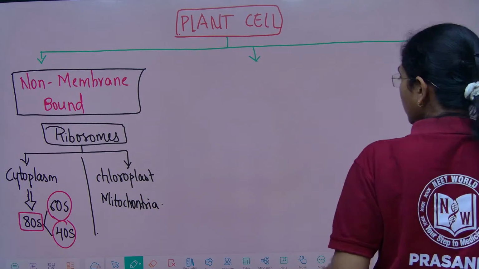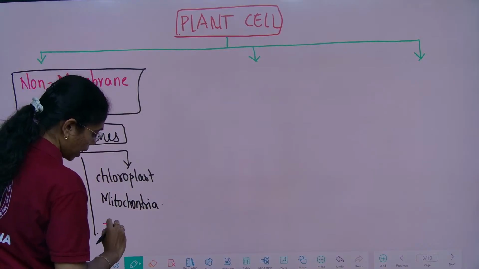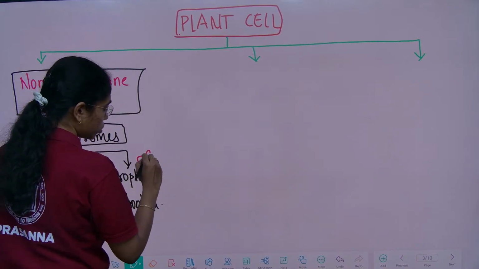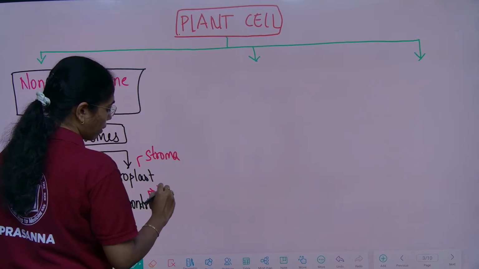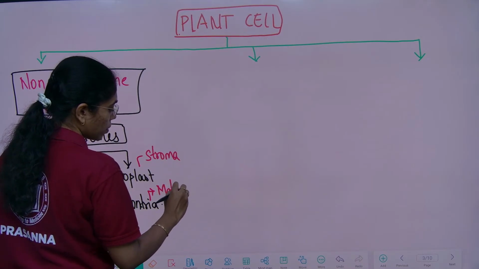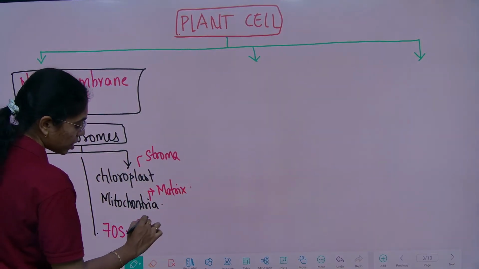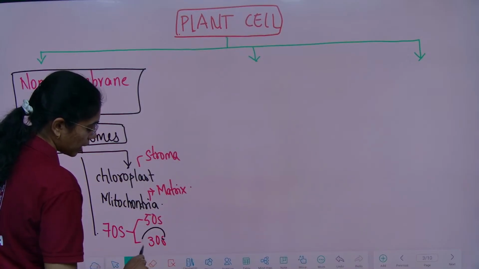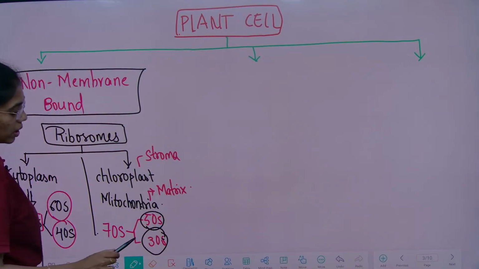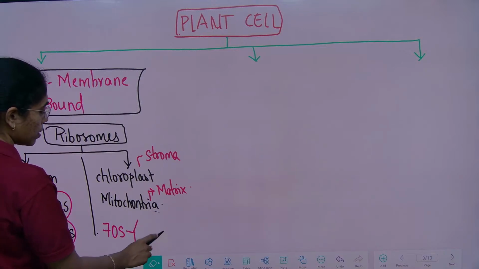Now, in chloroplast and mitochondria, you find 70S ribosomes, in the chloroplast stroma and in the mitochondrial matrix, where the larger subunit is 50S and the smaller subunit is 30S. Got it?